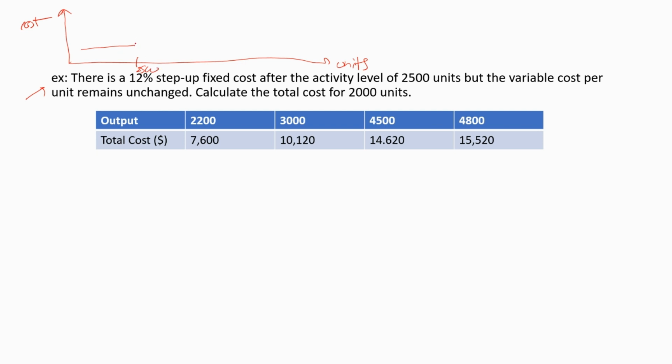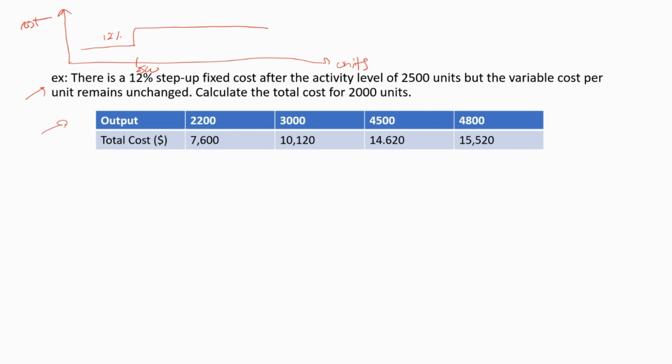There will be a step up in fixed cost after 2500 units, meaning this will increase. The step fixed cost portion is 12%. Now what we have to do is calculate the variable cost per unit and then calculate the fixed cost. So in order to use the high-low method, as I said earlier, the fixed cost should be equal.